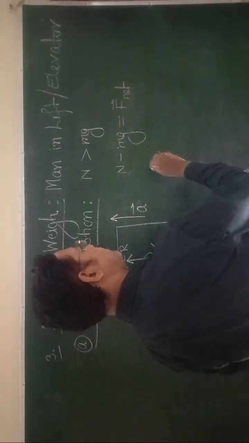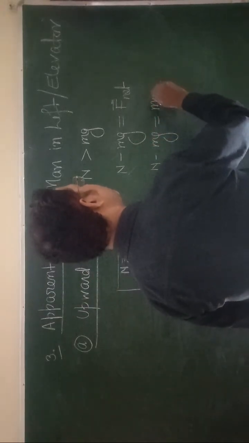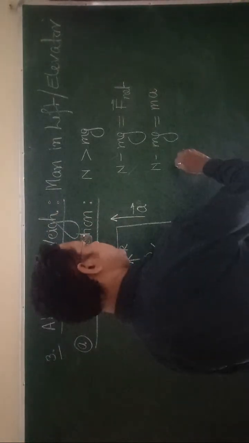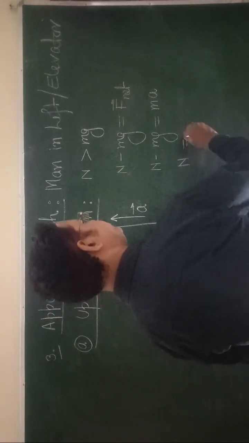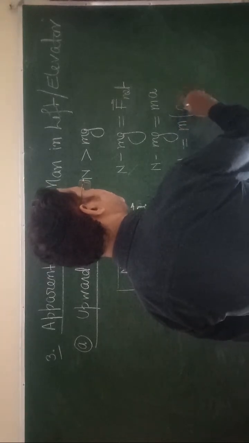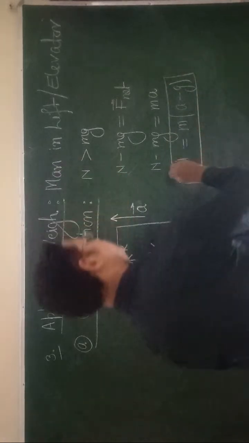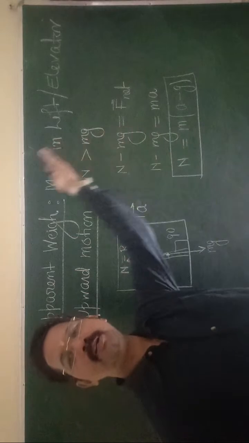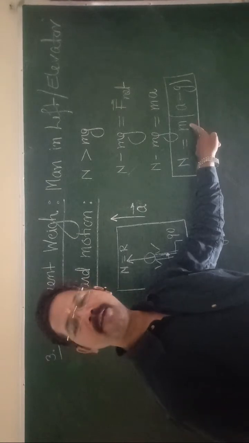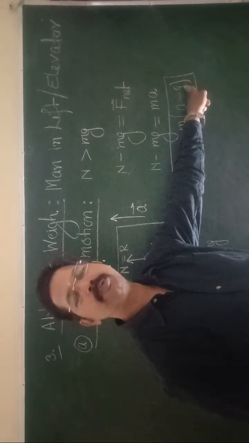Again, N minus mg is equal to mass of my body into acceleration in the upward direction. Again, N is the apparent weight. This is equal to mass, common, times a minus g. This is the formula for a lift going upwards: apparent weight N equals mass of my body times acceleration upward minus acceleration of the earth.